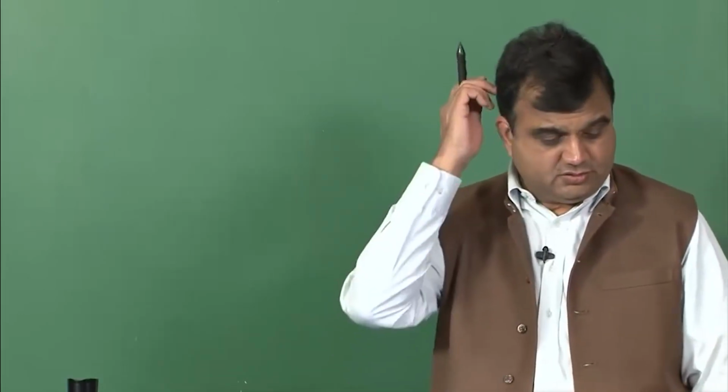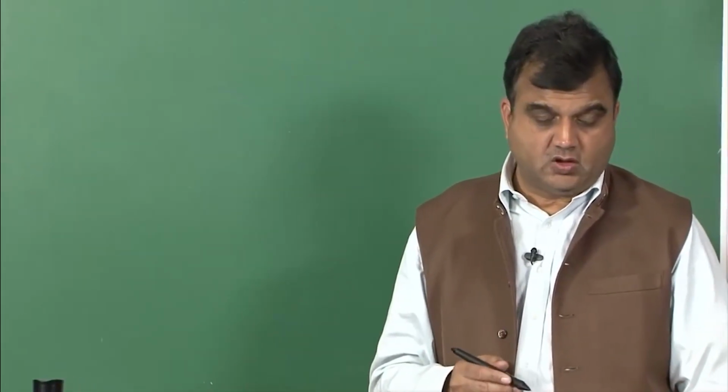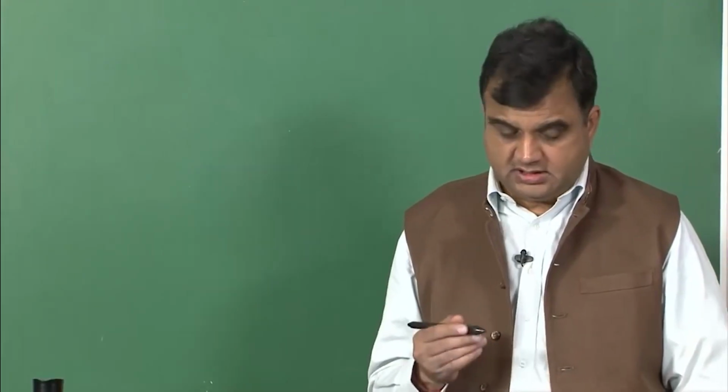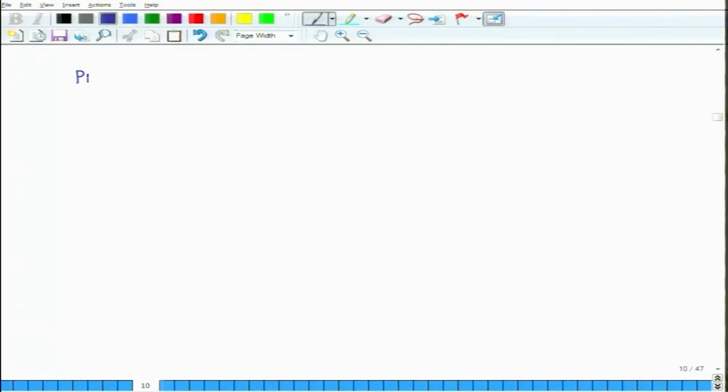Now, what we will do is look at different types of graphite fibers and also how they are produced. So, let us look at the production process. How are graphite fibers produced?